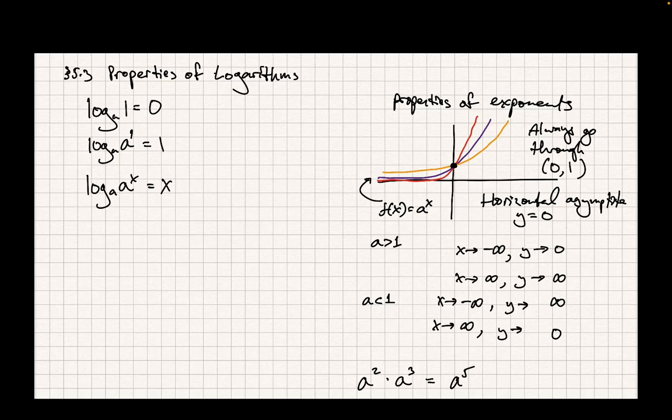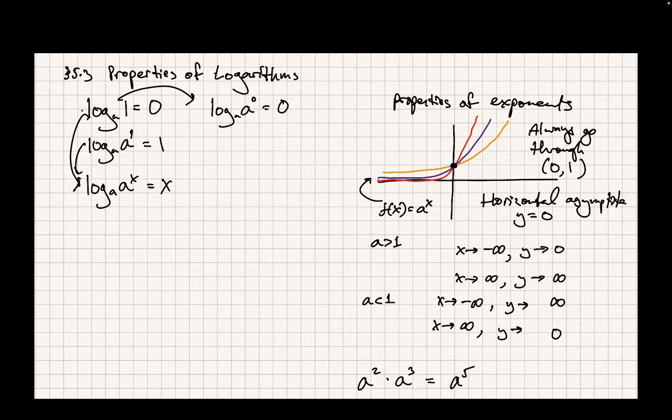So log base a of 1 is also log base a of a to the 0, because that's the same as 1, and that's 0. So these are both special cases of this.